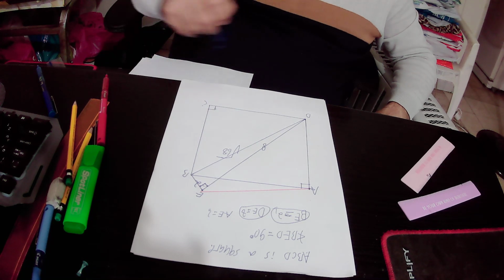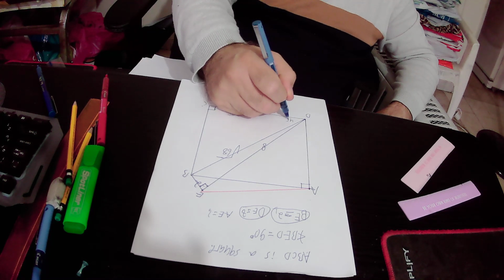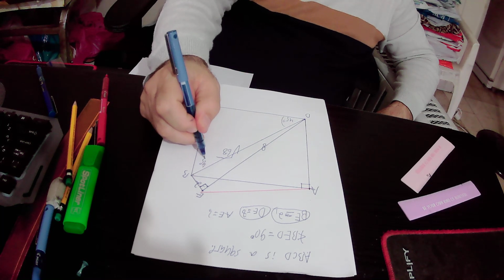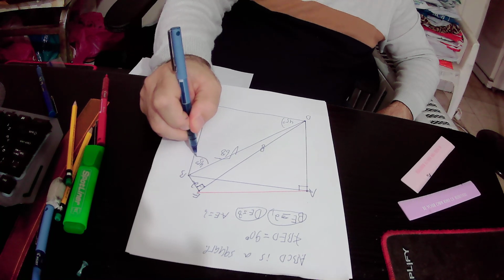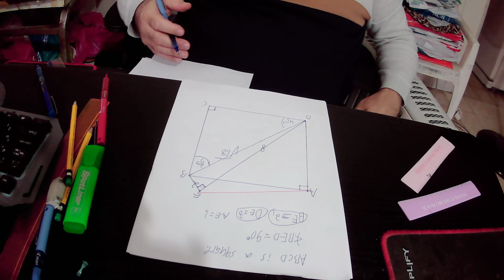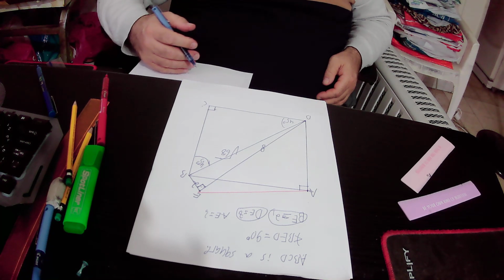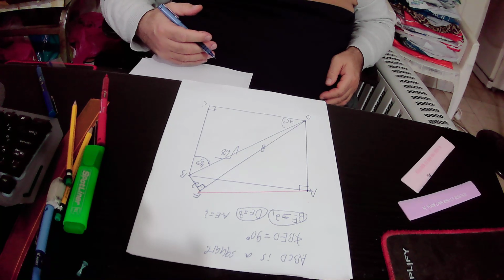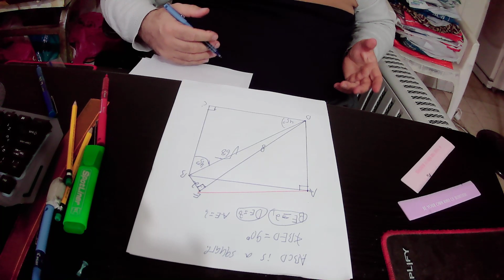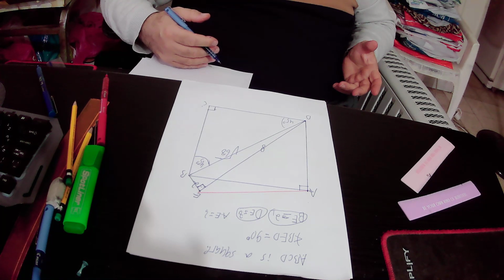That is to say, this angle will be equal to 45 degrees, and this angle will also be equal to 45 degrees, because we know that all the angles inside the square are right angles, and the diagonal bisects the angles of the square. That is to say, it divides the angle of 90 degrees into two 45 degrees.